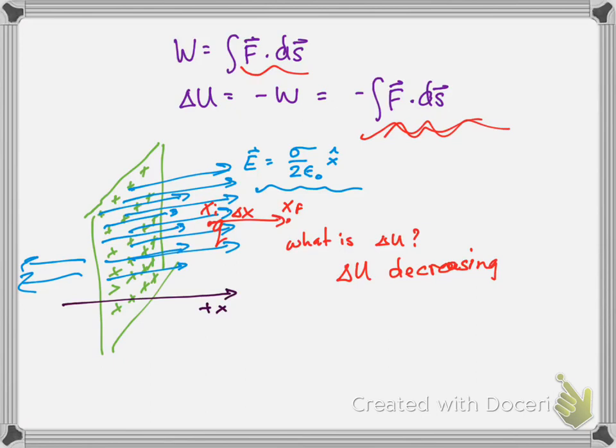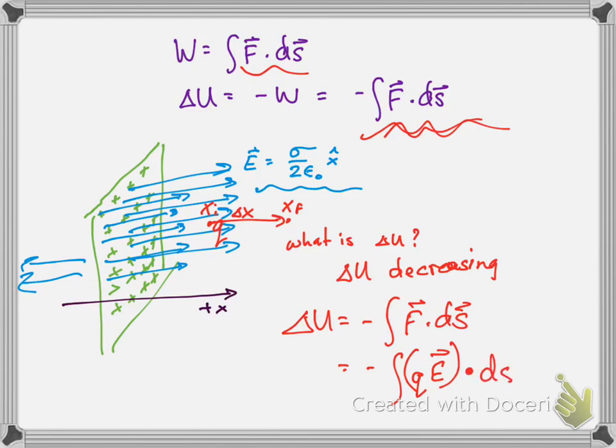Okay, so let's see if that works out. Let's plug into delta U equals minus the integral of F dot ds. What is the force on the positive test charge? It's the electric force, so it's QE: the charge of the positive test charge times the field that it's in.